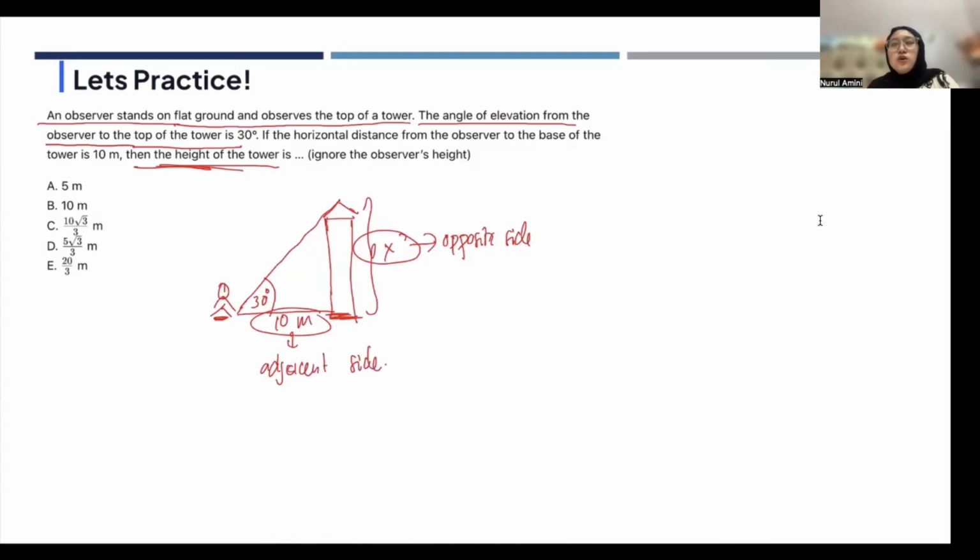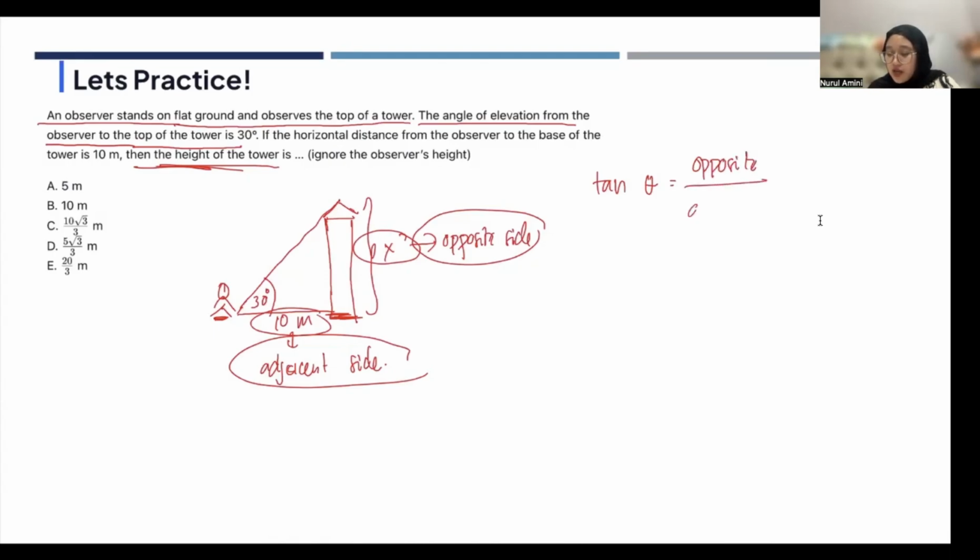So, which trigonometric ratio will you use? Sin, cos, or tan? We know the adjacent side, and the opposite side is the question. Tan. Good. Tan theta equals the opposite over the adjacent side.